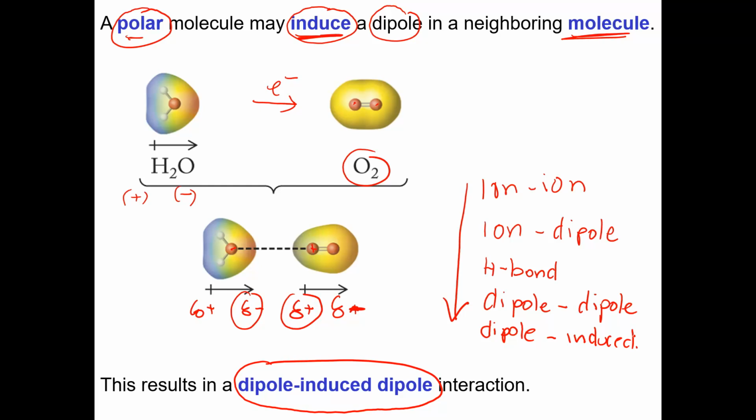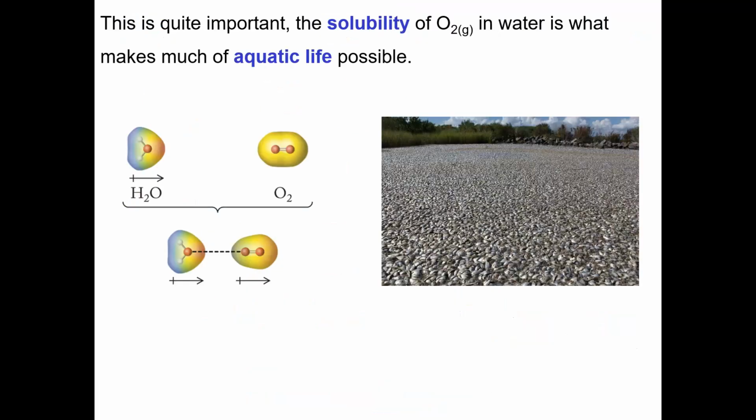It's not especially strong, but it is quite important. What we've discovered here is that oxygen will actually be attracted to water molecules. The reason this is important is that fish need oxygen in order to breathe. If oxygen were not soluble in water, a large amount of aquatic life just wouldn't be possible.